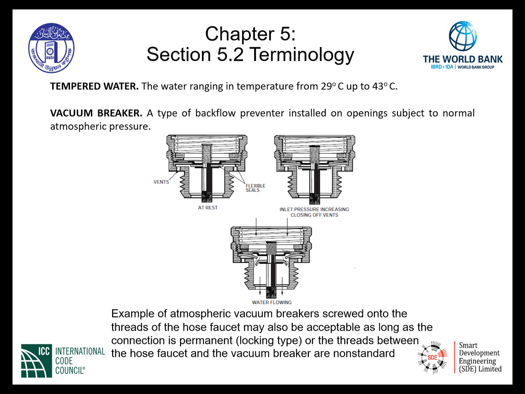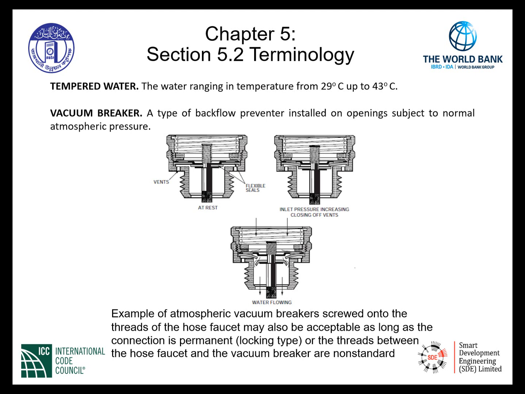This is a method of protecting the potable water supply. As seen here, these are hose connections that are typically screwed on to the faucet itself or the hose bib outside of the building.